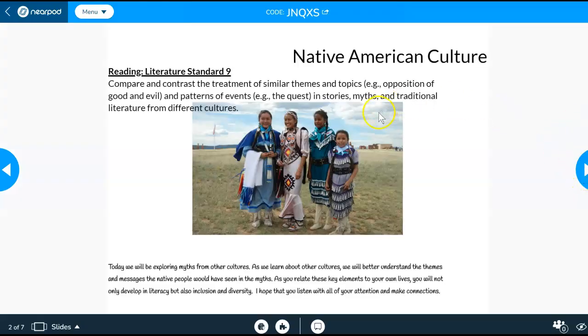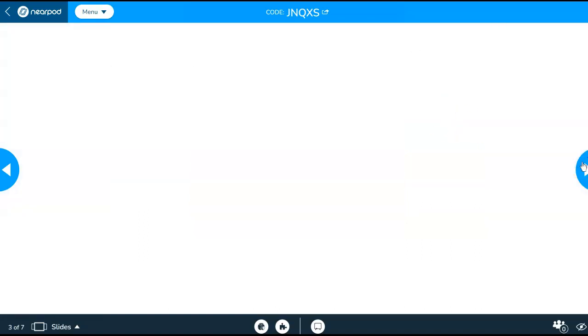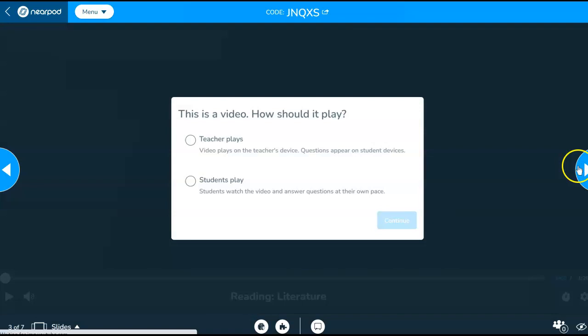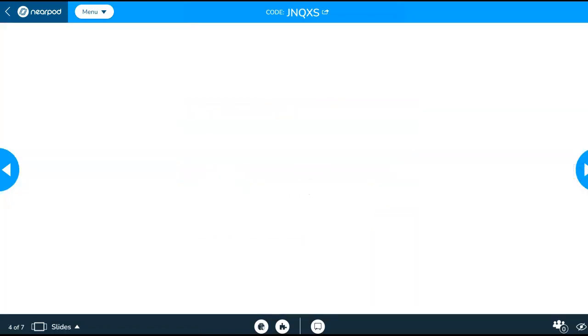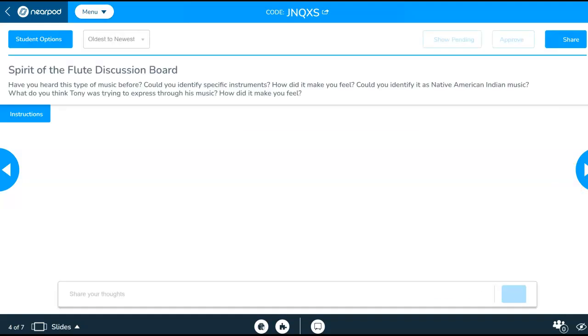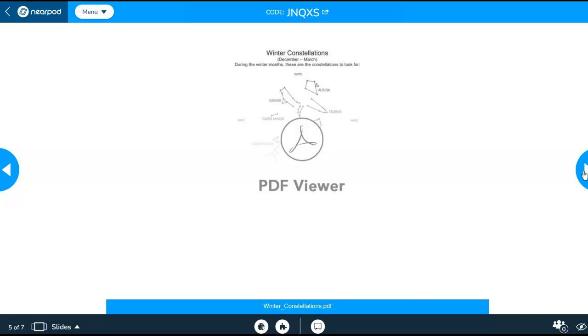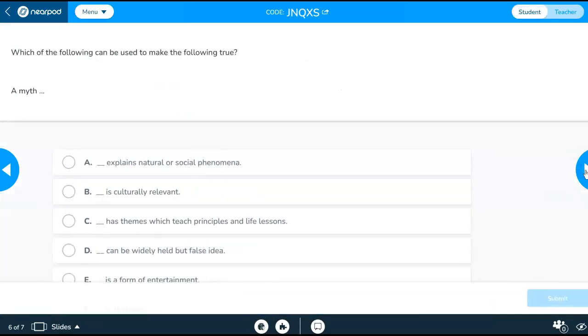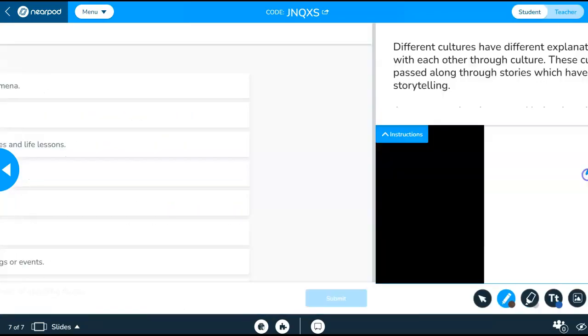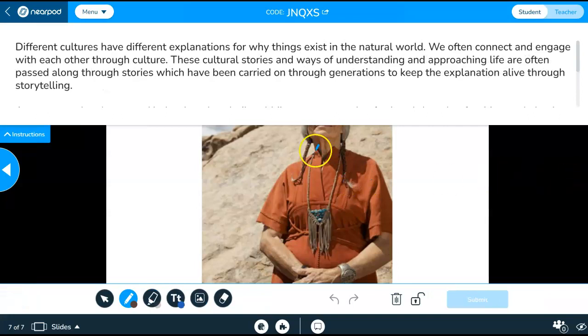So here it just has the standards and just an introduction, and each of these different slides connects a different aspect of Nearpod with the core standard. And a lot of these lesson ideas and resources I actually got from UEN and some of the resources that they have available.